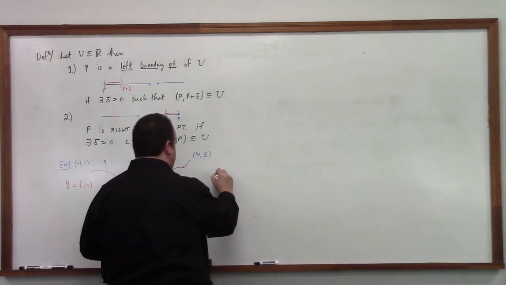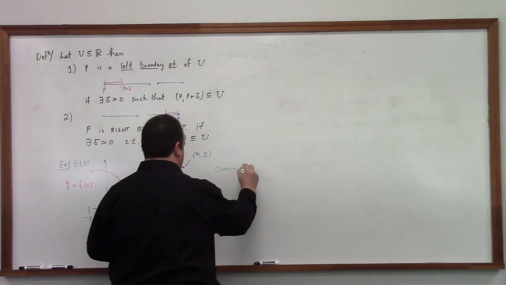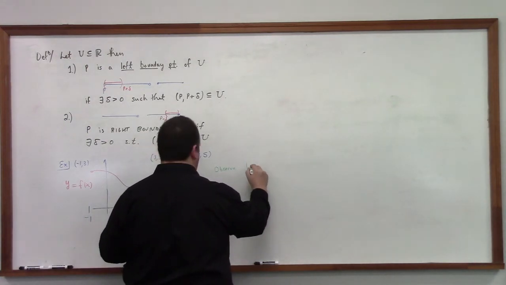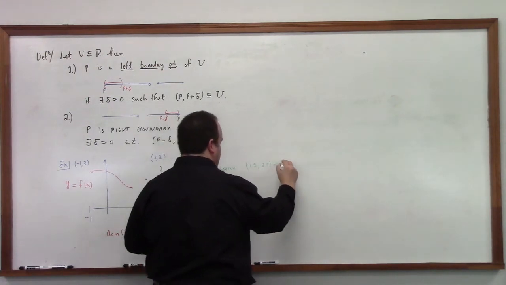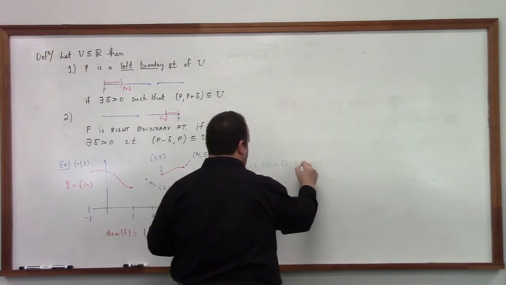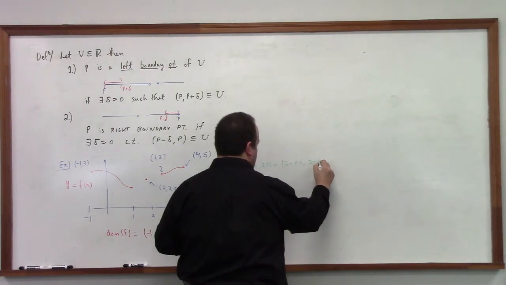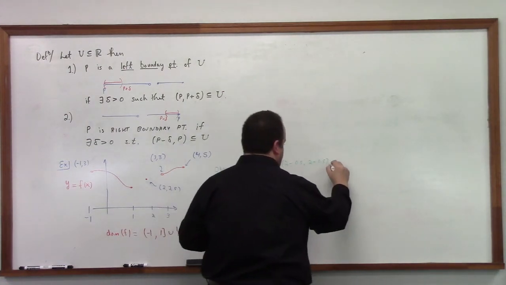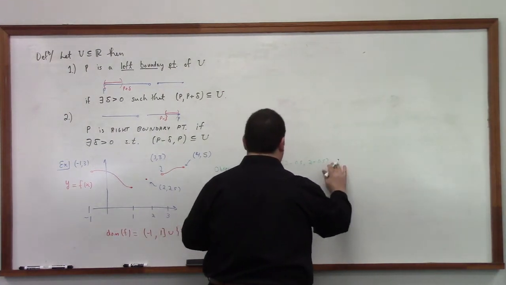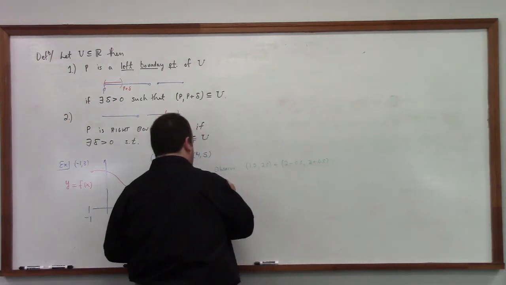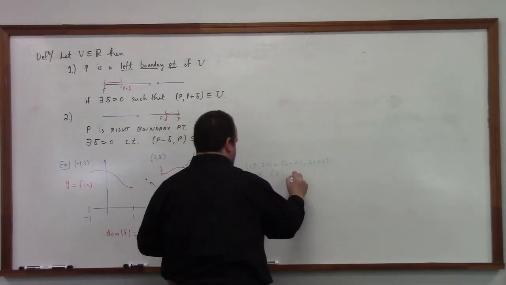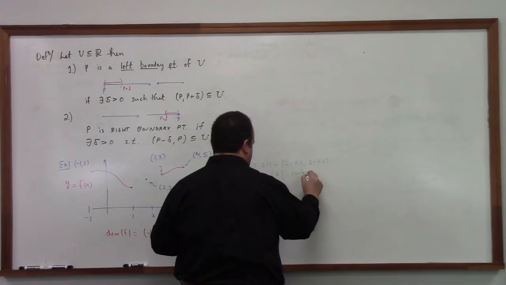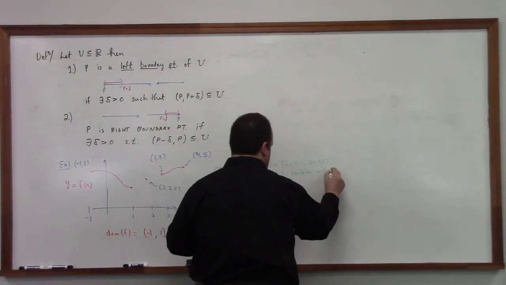I would say observe, the interval from 1.5 to 2.5, which is equal to 2 minus 0.5, 2 plus 0.5, intersected with U, contains only 2.